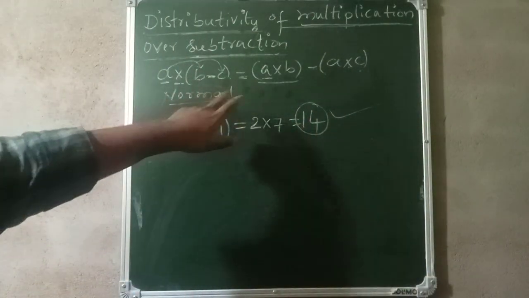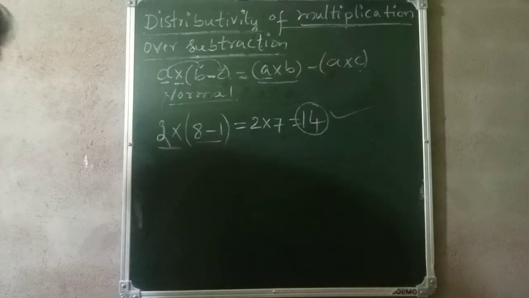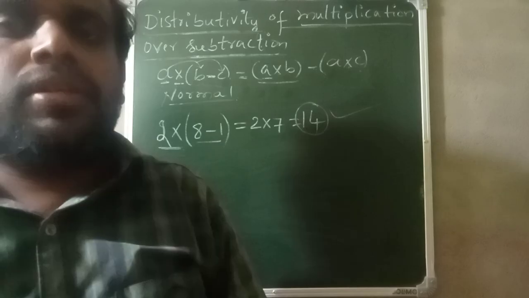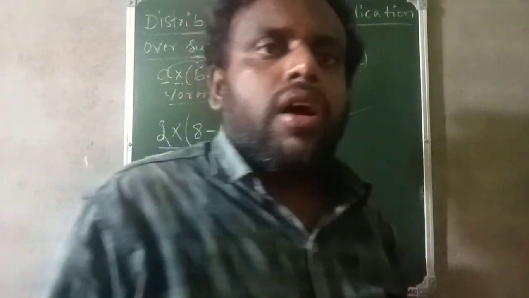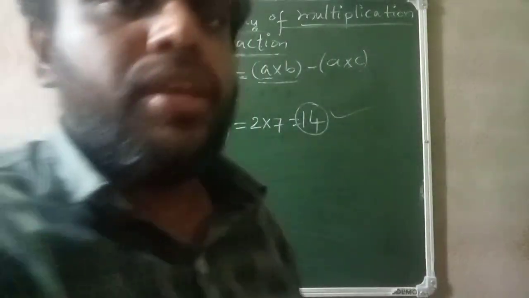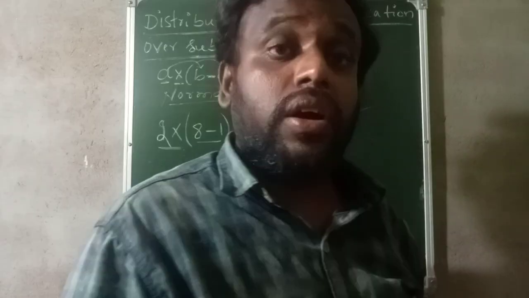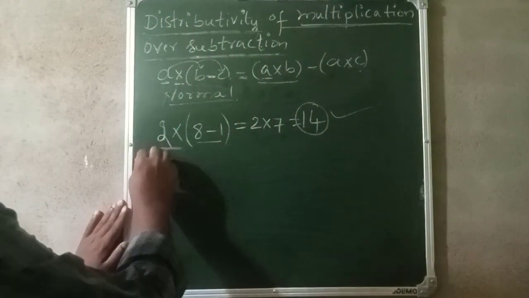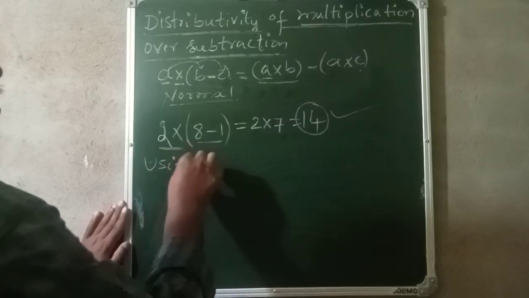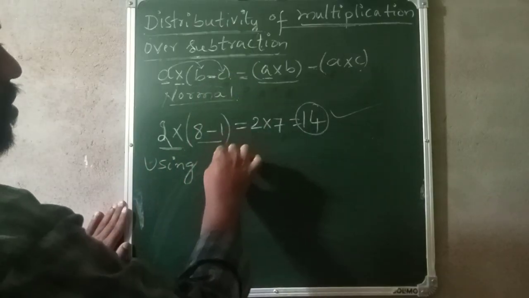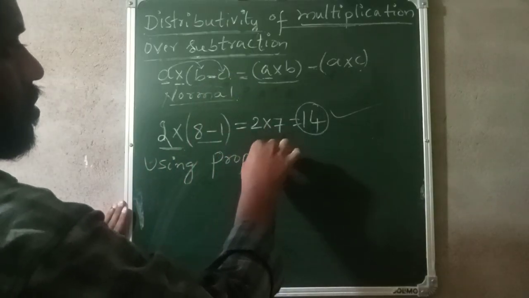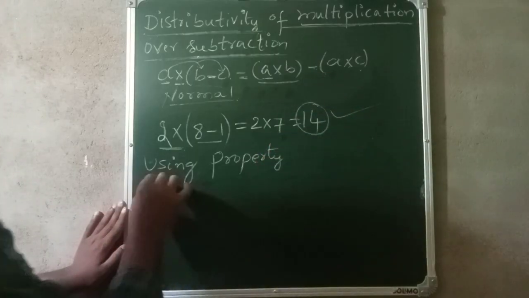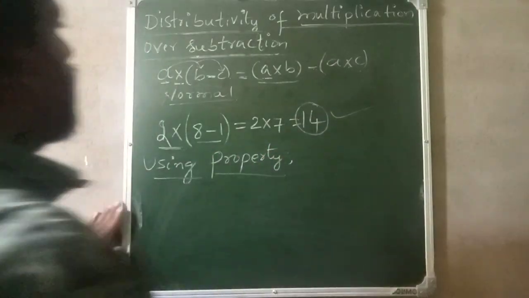How? Using normal multiplication. Now we will find the answer, or we will simplify using the property, and we will see what answer we will get. Okay, so I will write using property.